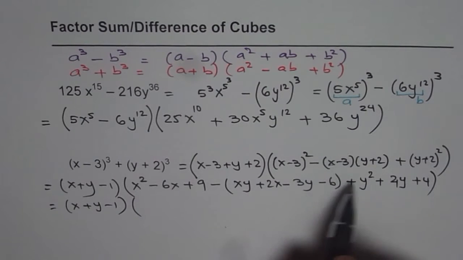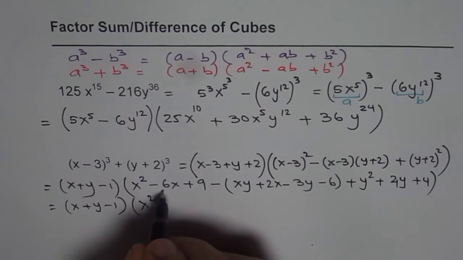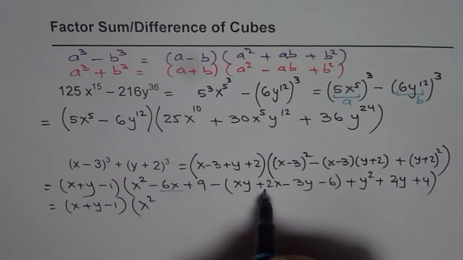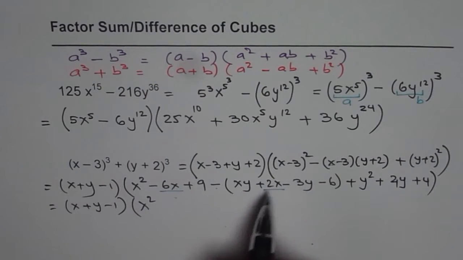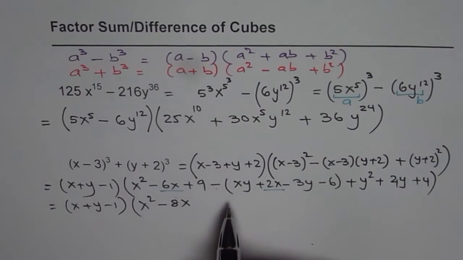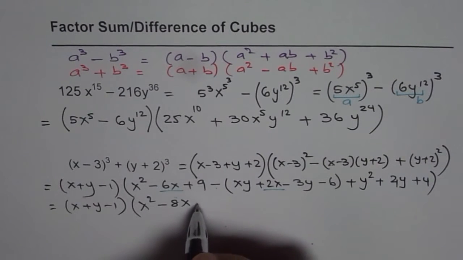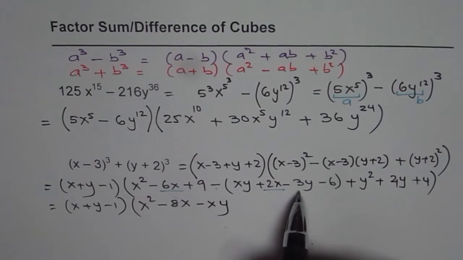So x squared, there is no other x squared, we have x squared. Let's look into the x terms. Minus 6x, which is also minus, these are the two x terms. So minus 6x minus 2x gives us minus 8x. Then we have the terms like xy, which is minus xy. And then we will take terms like y's.